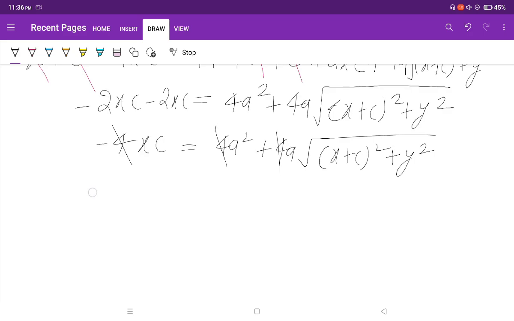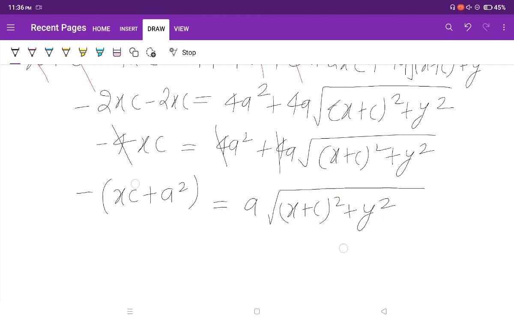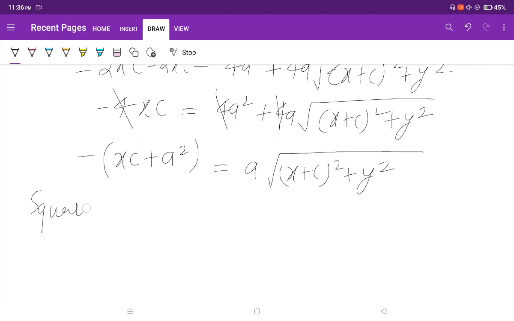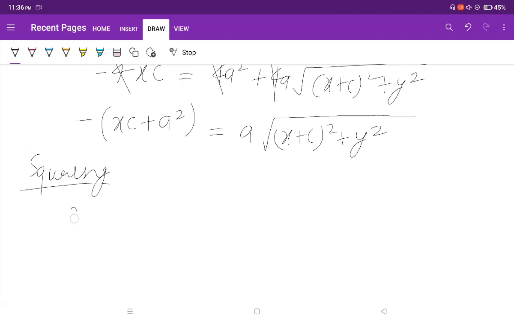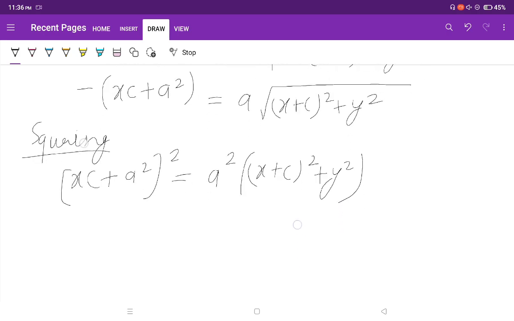We have minus xc minus a square equals a times root over (x + c) square plus y square. Let's square again. So again squaring, we have (xc + a square) whole square equals a square times ((x + c) whole square plus y square), alright?